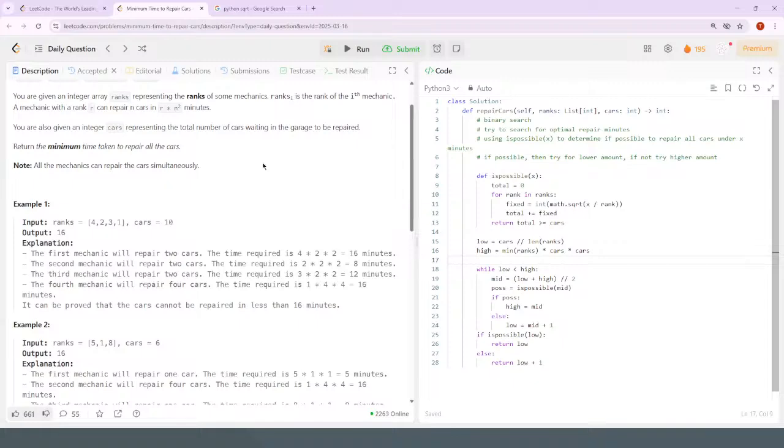So if we sort the ranks, perhaps, so number cars, let's see, 1, 2, 3, 4. 1, 2, 3, 4.